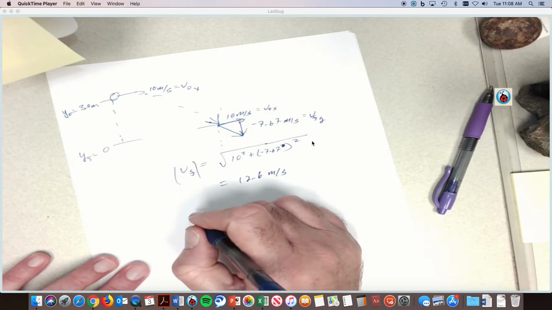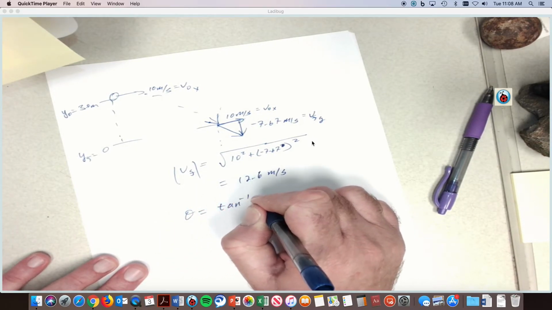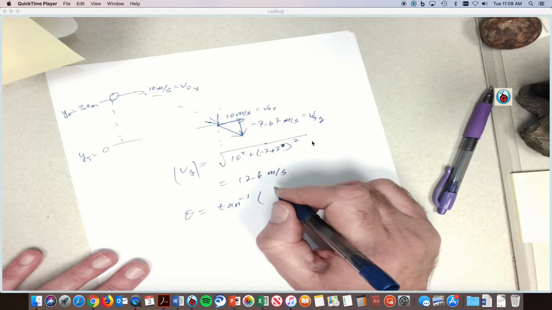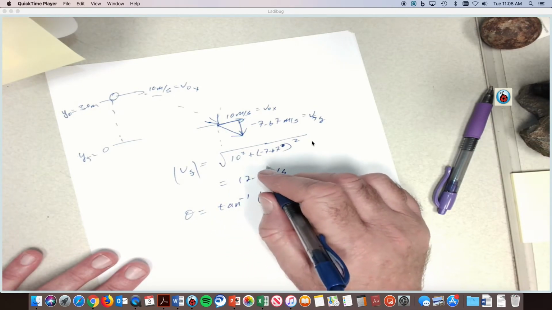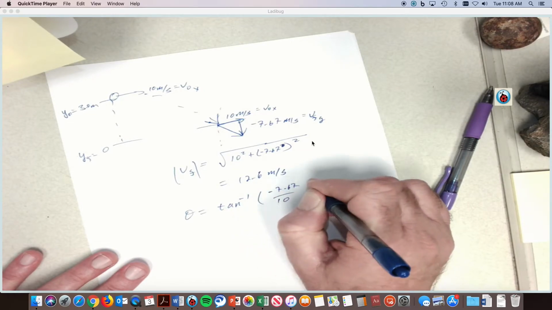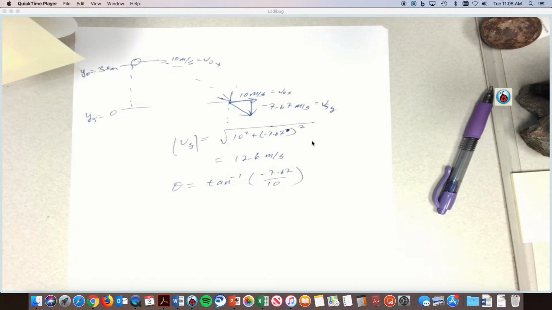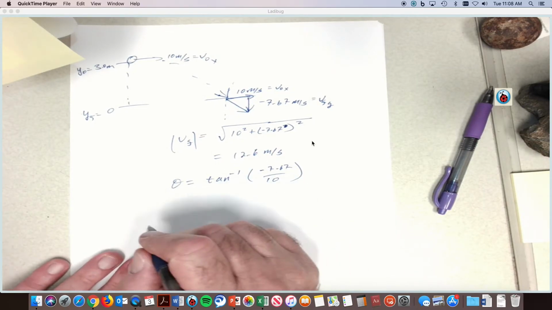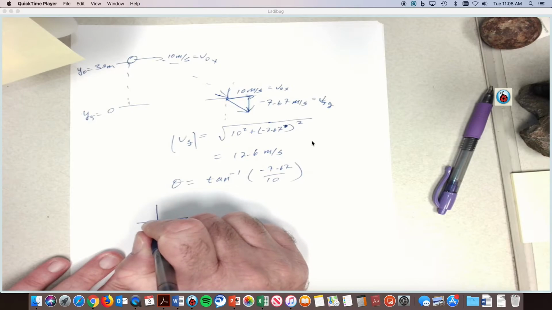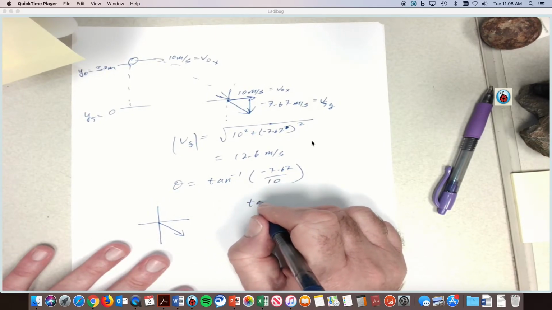And the direction then is the inverse tangent of Vy, negative 7.67 over 10. Now, here's what I do with these types of problems. I want you to pay attention. We know that this vector is in here.